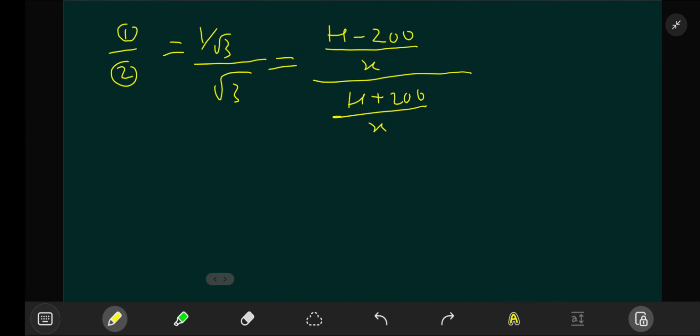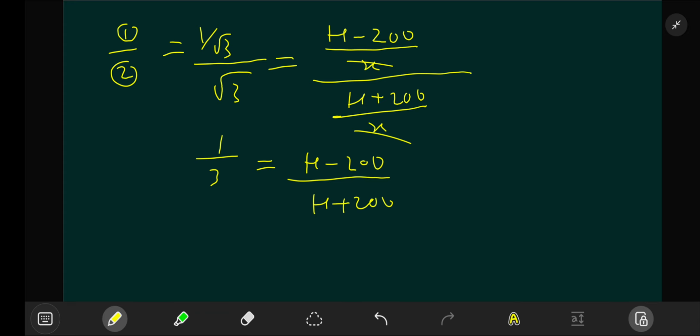Now x gets cancelled. Root 3 in the denominator comes to the denominator, so it becomes root 3 whole square, that is 3. So 1 by 3 is equal to h minus 200 divided by h plus 200.